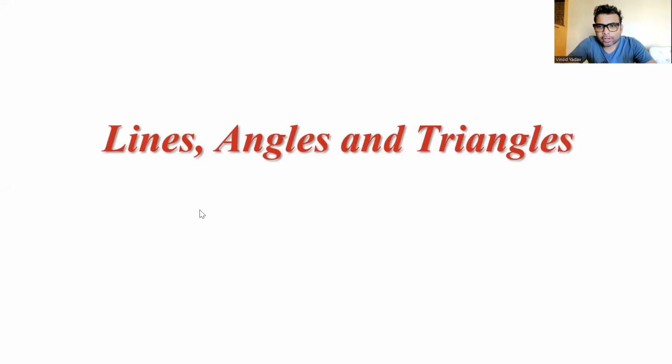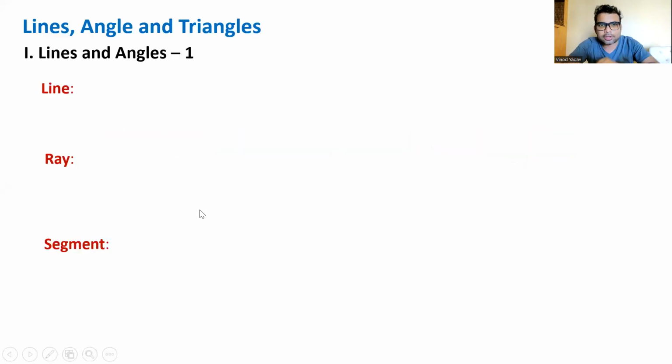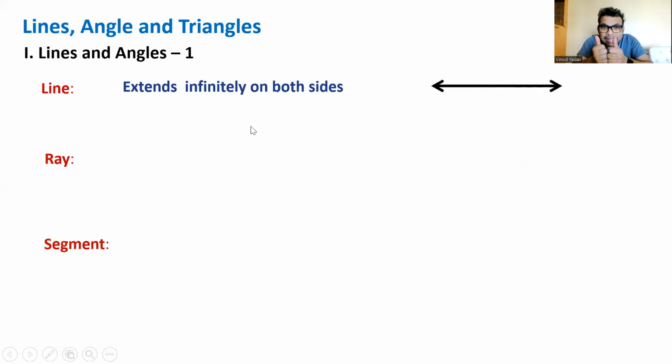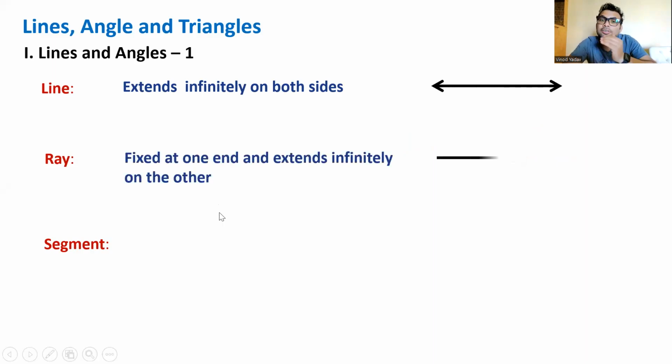Lines, angles, and triangles. So let's first see all the basics, the vocabulary, the main keywords with the help of which we will build up the entire ecosystem of geometry. First three words, line, ray, and segment. A line extends infinitely on both sides. If you stop it at one end and it extends infinitely on the other side, then we call it a ray.